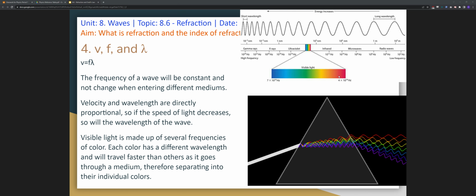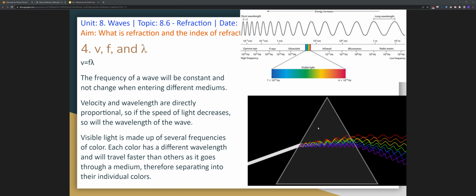Now, visible white light is made up of all those different colors. As the light goes through a medium like a prism, each wave slows down by a different amount.